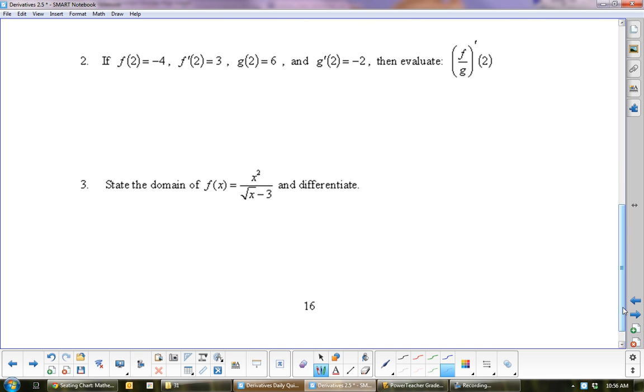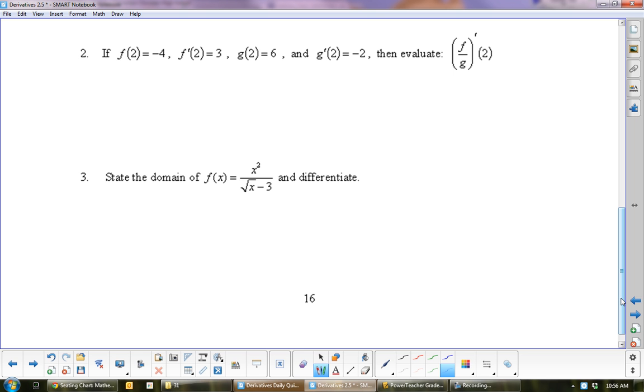Okay. Number 2. Okay. This is one like we did yesterday, where you differentiate and then you just sub in. Okay, so if we have f over g, and we want to find the derivative of that, so low D high, right?